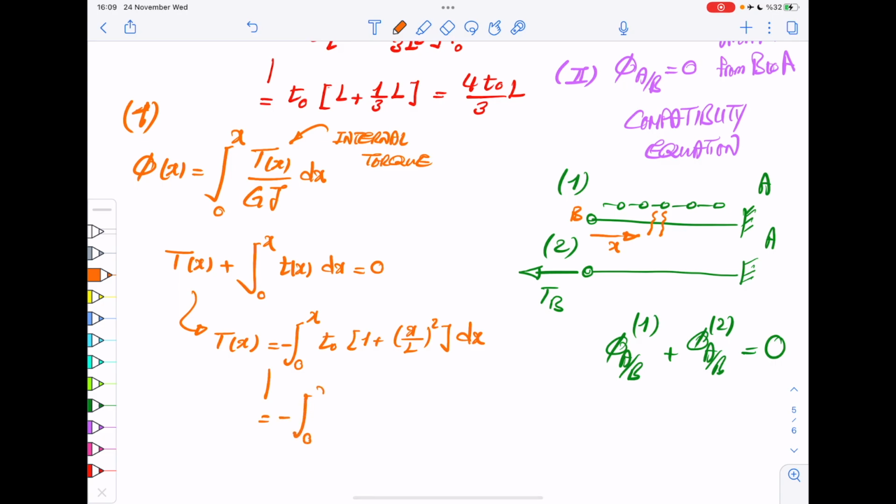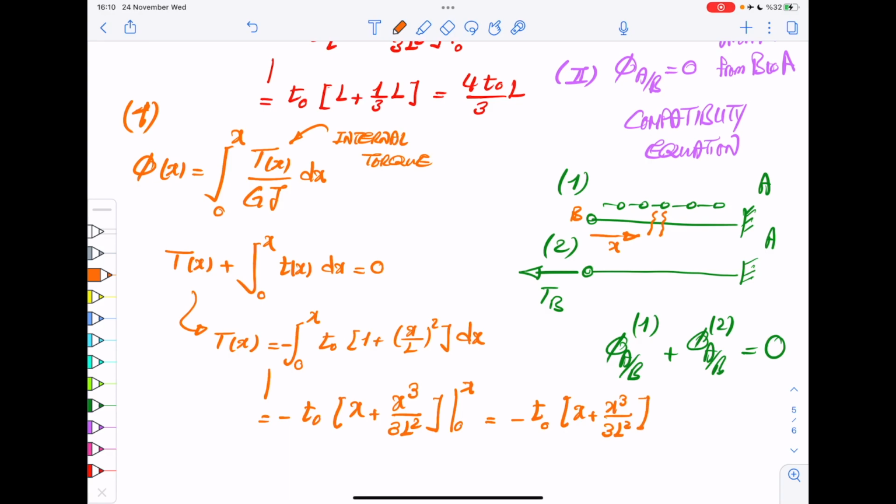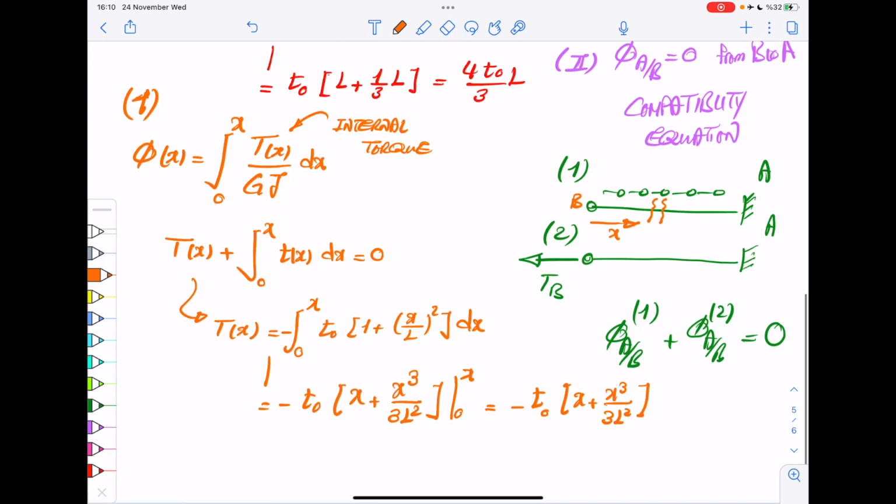It would be minus T0 times x plus x cubed divided by 3L squared. This is the answer, so this is T as a function of x.